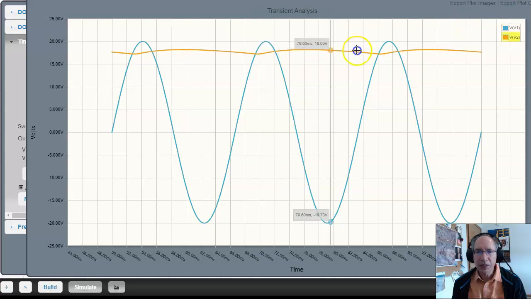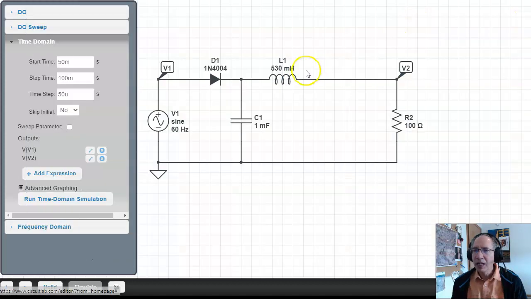And you can see the ripple is smaller now. That's what the inductor does for you. At 60 hertz, by voltage division, R2 over jωL1 plus R2 makes V2 smaller. If this is 100 ohms, the ripple will be roughly half as big.